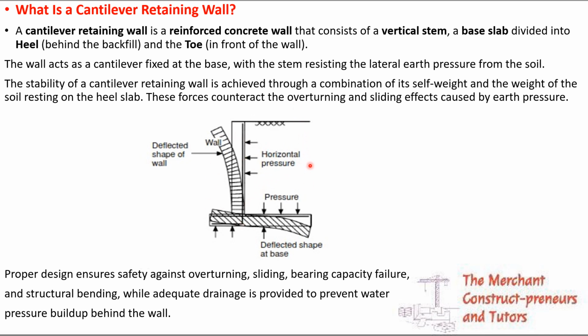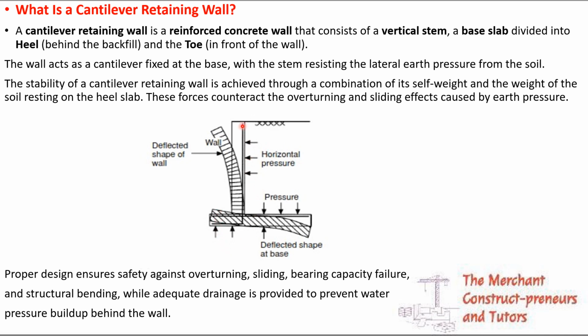The weight of the soil is acting on the base of the cantilever retaining wall. The soil is also exerting horizontal pressure on the wall, causing it to deflect in this shape. The base is also in this shape. Now the underlying soil is trying to raise the toe in this portion here.